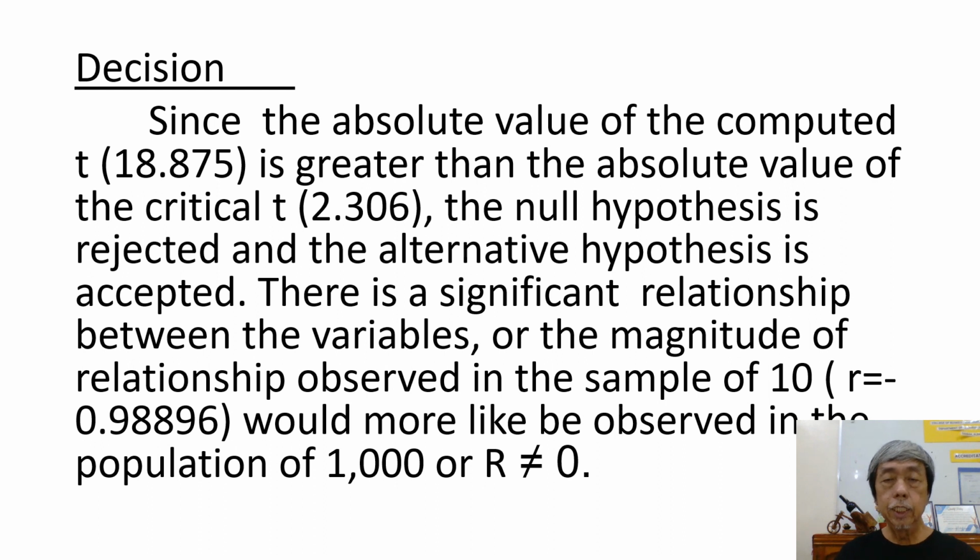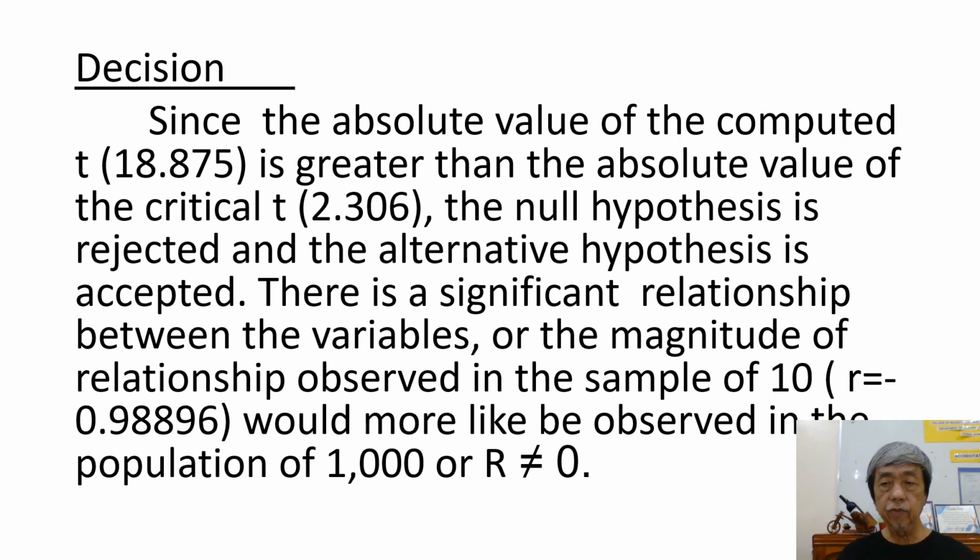Decision. Since the absolute value of the computed t, which is 18.875, is greater than the absolute value of the critical t, which is 2.306, the null hypothesis is rejected and the alternative hypothesis is accepted.